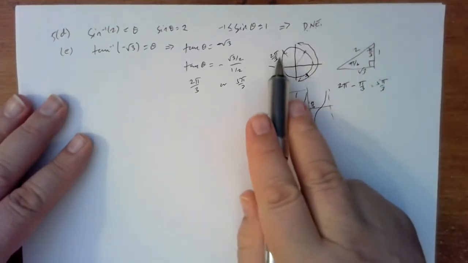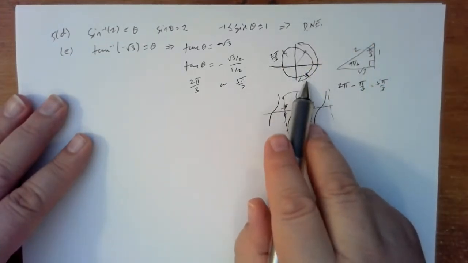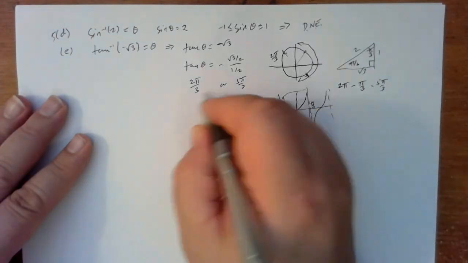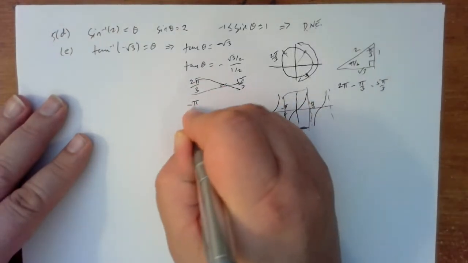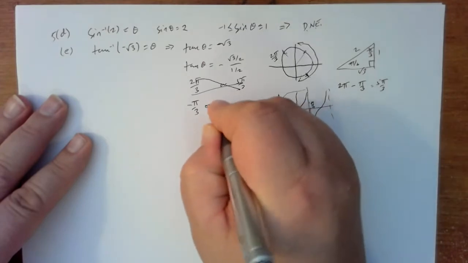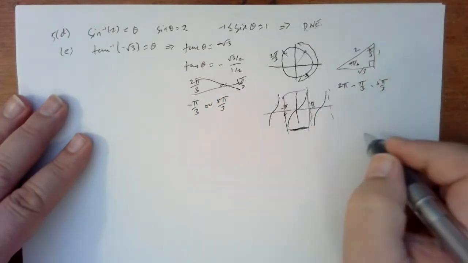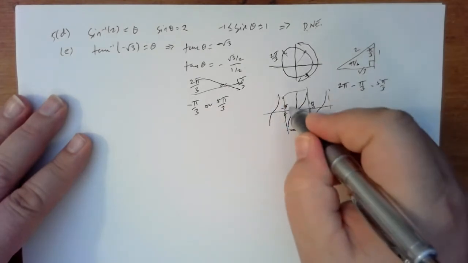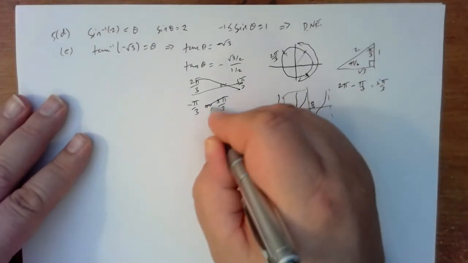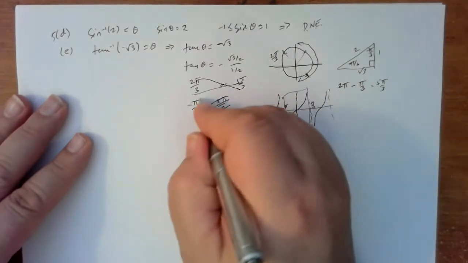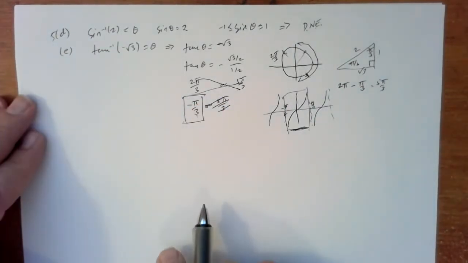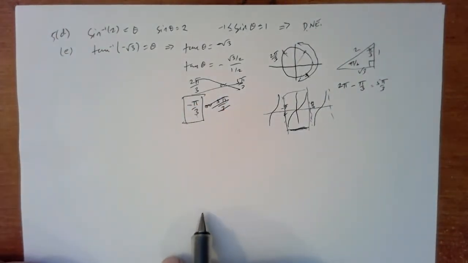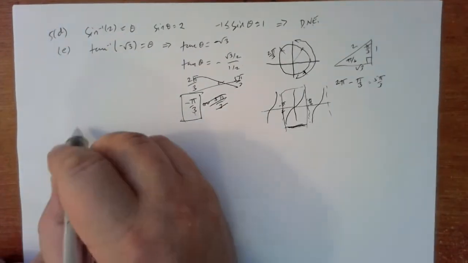So we're not going to use 2 pi over 3. We're going to be using minus pi over 3, or you could say 5 pi over 3 too. That's fine. Since we're labeling this as minus pi over 3, let's use that label. Good, so that one had a little wrinkle there at the end.